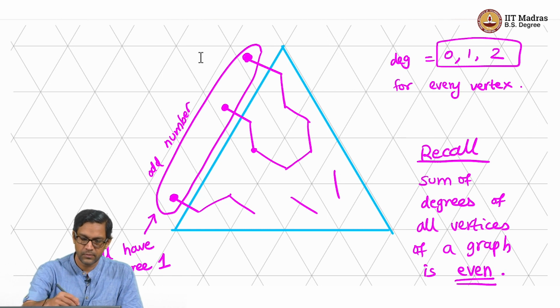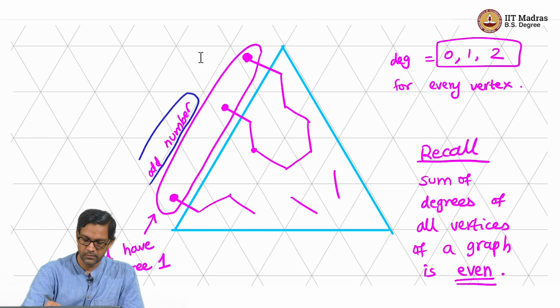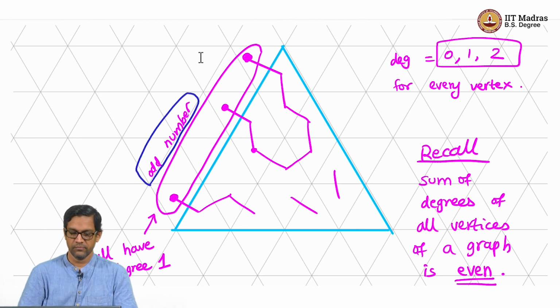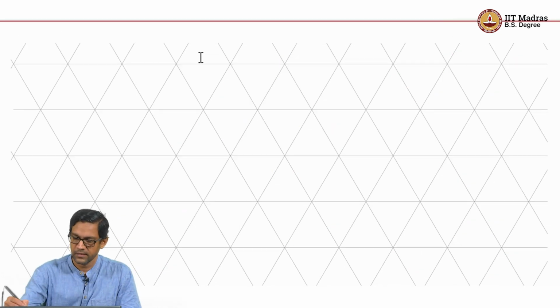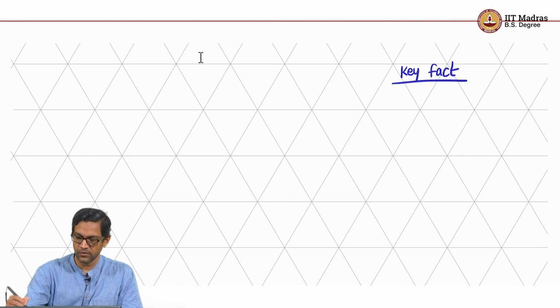So, this number is odd, and finally the other key fact we used is that the total sum of all the degrees of the vertices of a graph is an even number.